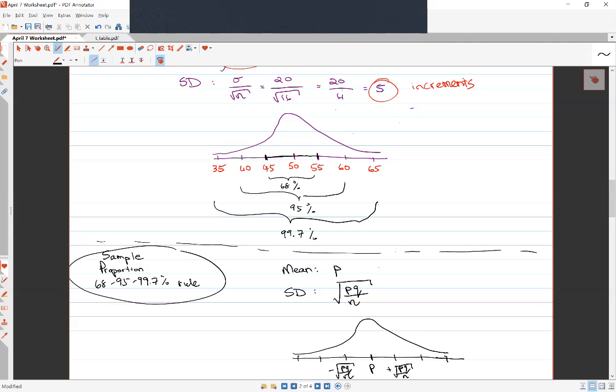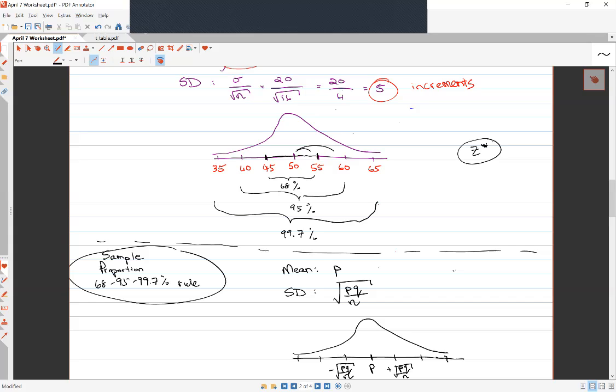In both instances, it does have a connection to confidence intervals because the number of steps you take, 1 step, 2 steps, 3 steps, is equivalent to the Z star value that comes up for confidence intervals.